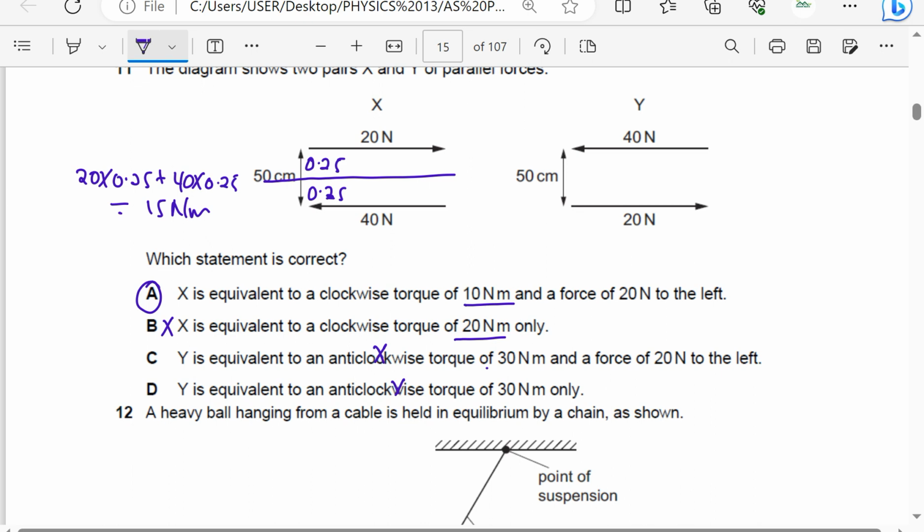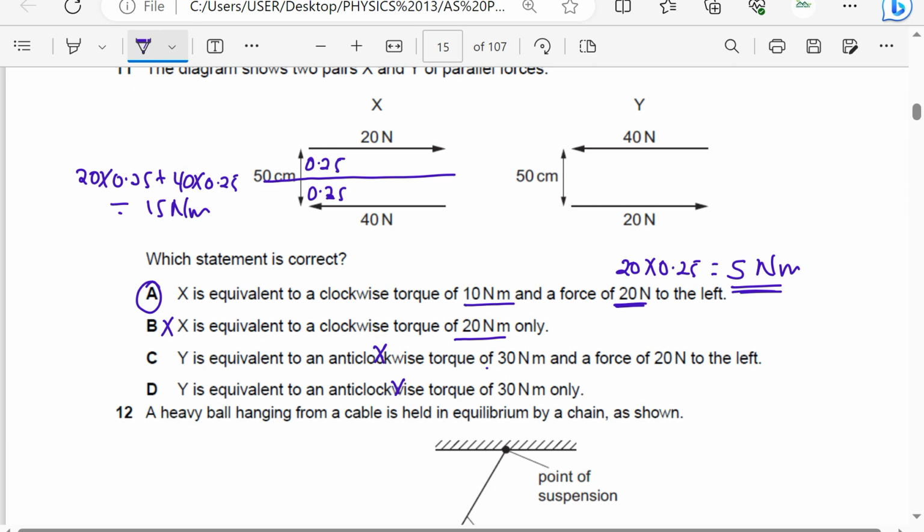We said because they have added 20 newtons to the left, another force is added to the left. If another force is added to the left, it means it causes a moment which is going to be 20 times 0.25, which gives us 5 Newton meters. This will be anti-clockwise because the force is to the left.